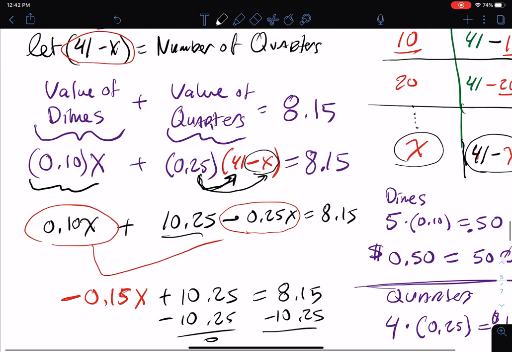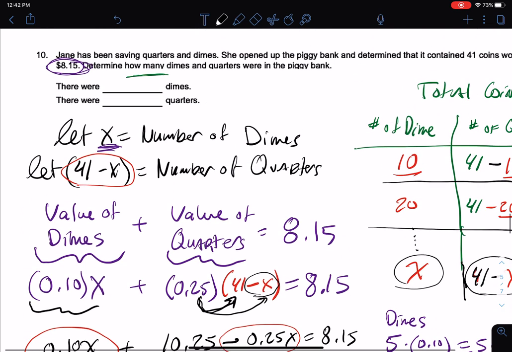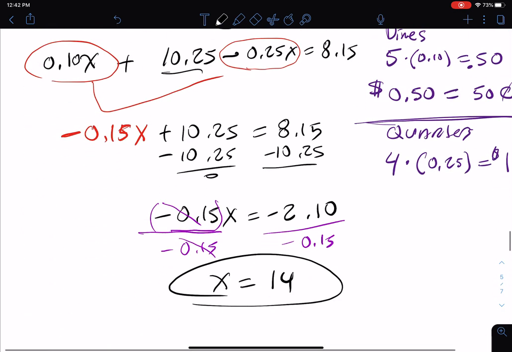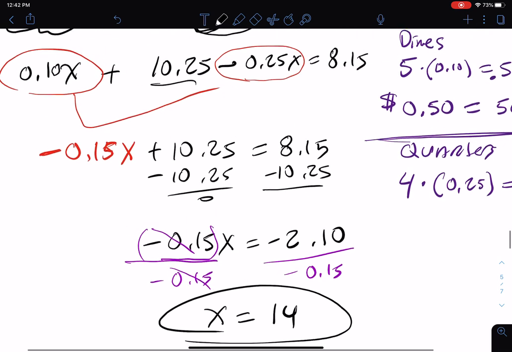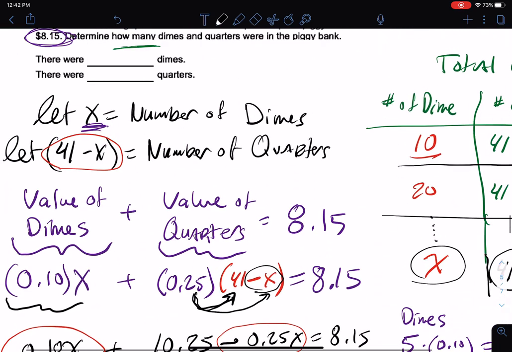Now we go back to our defining of variables. It says let x equal the number of dimes. So that's going to mean that we're going to have 14 dimes. And how do we figure out how many quarters we have?